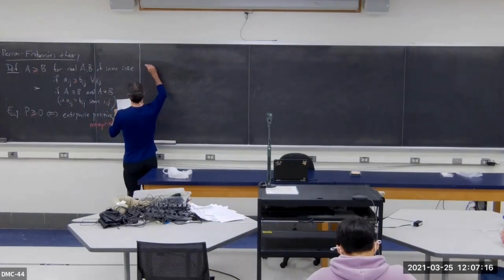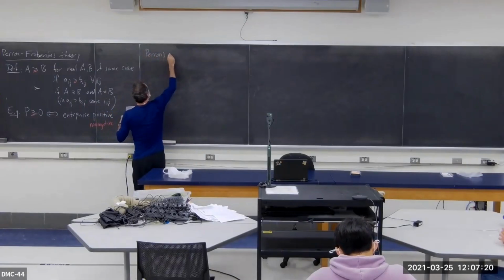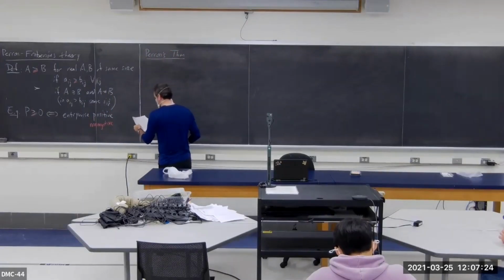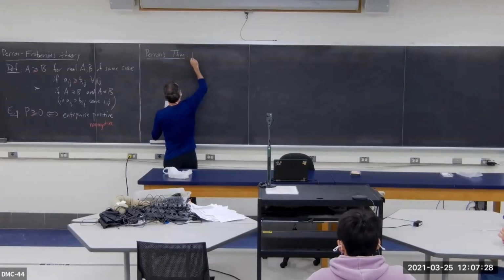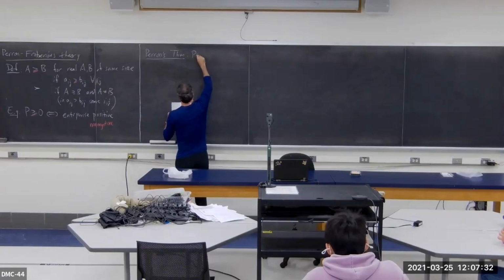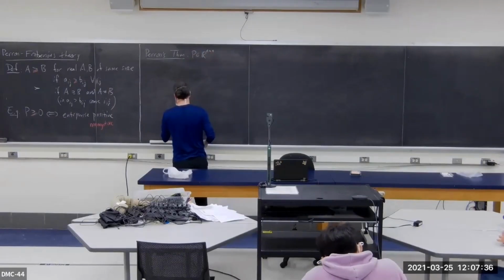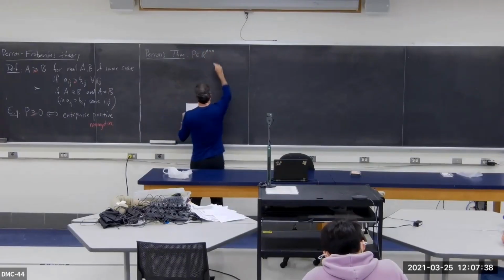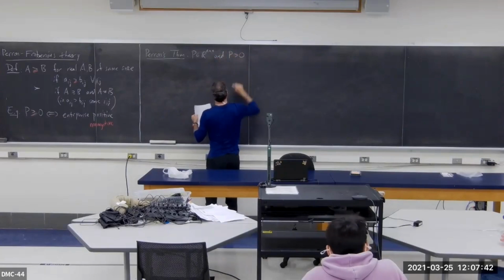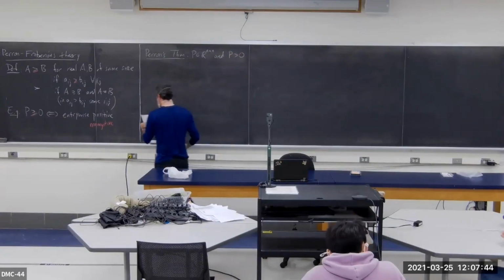Okay, so here's Perron's theorem. Suppose that you have P, a matrix that's n by n, and let's suppose that P is positive in this sense, entrywise positive.